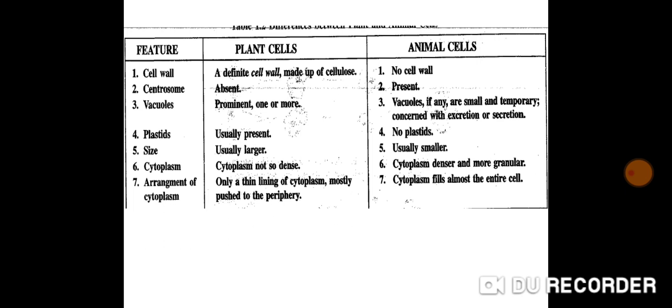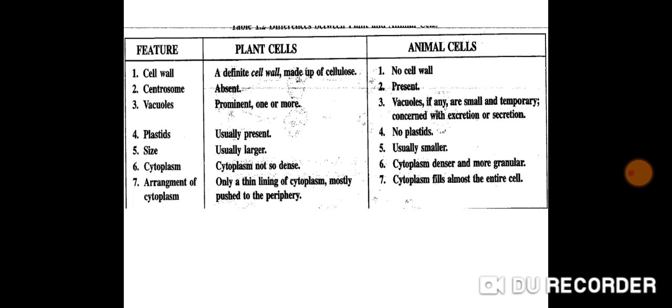Plastids are usually present in plant cells. They are the organelles which contain chlorophyll pigments that are required for the synthesis of food in case of plants, and no plastids are found in animal cells. Size: usually plant cells are larger and animal cells are smaller.